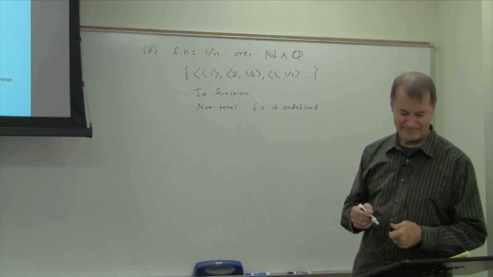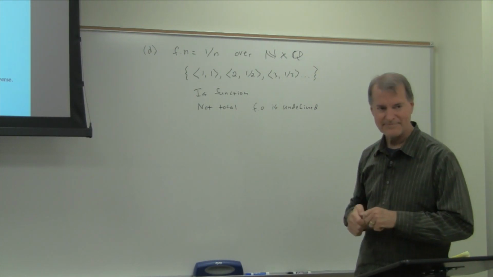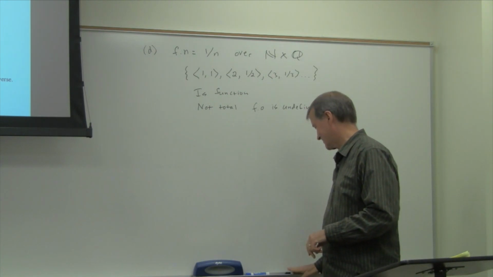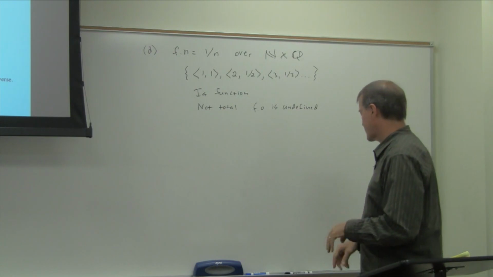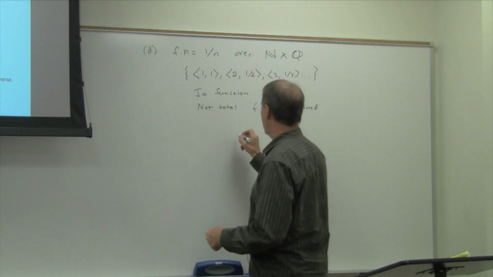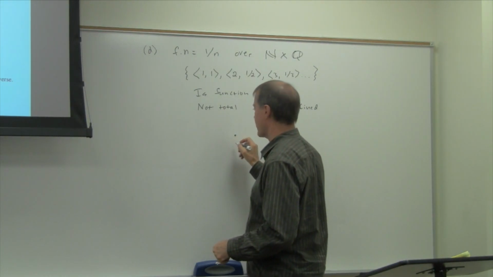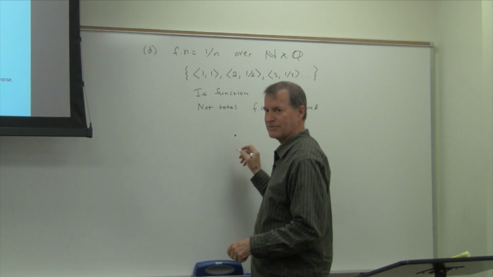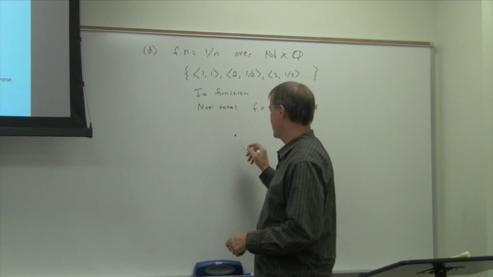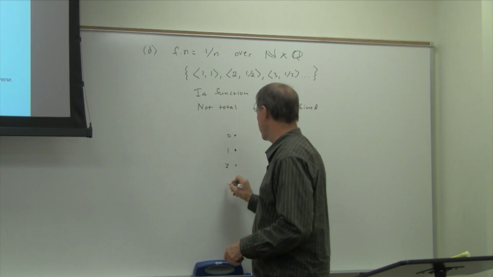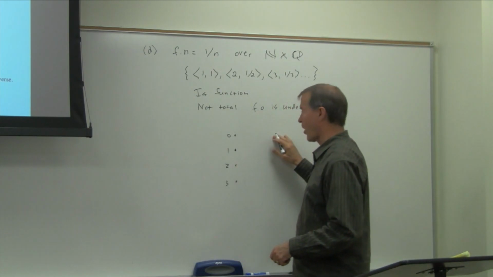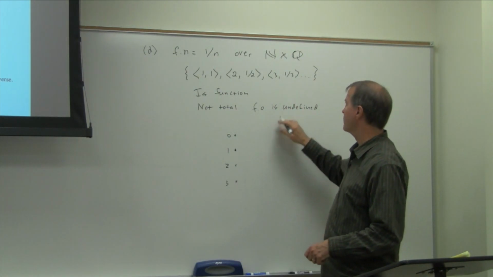It's one-to-one. Is it onto? It's definitely not onto. There's no 1 over 0. Here this would be 0, 1, 2, 3, and this would be all of the rational numbers.